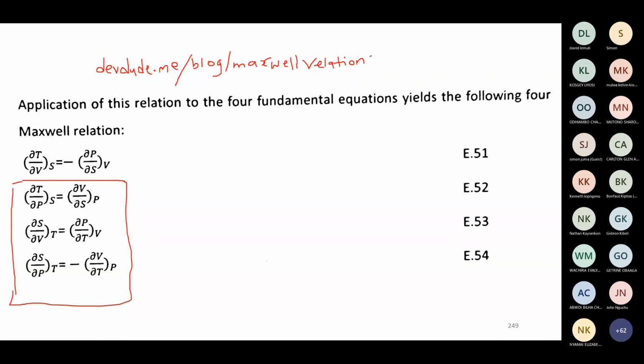So just visit this, and you will see how he has derived this. This is an R, but you don't mistake it for a V. So it's devdude.me/blog/Maxwell relations. He describes how you can end up with all these four relations.